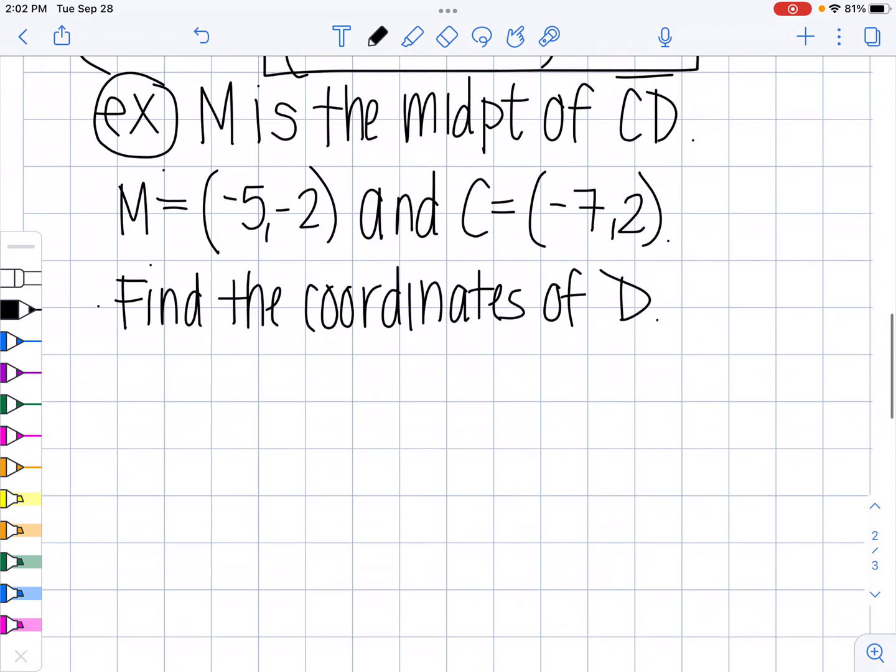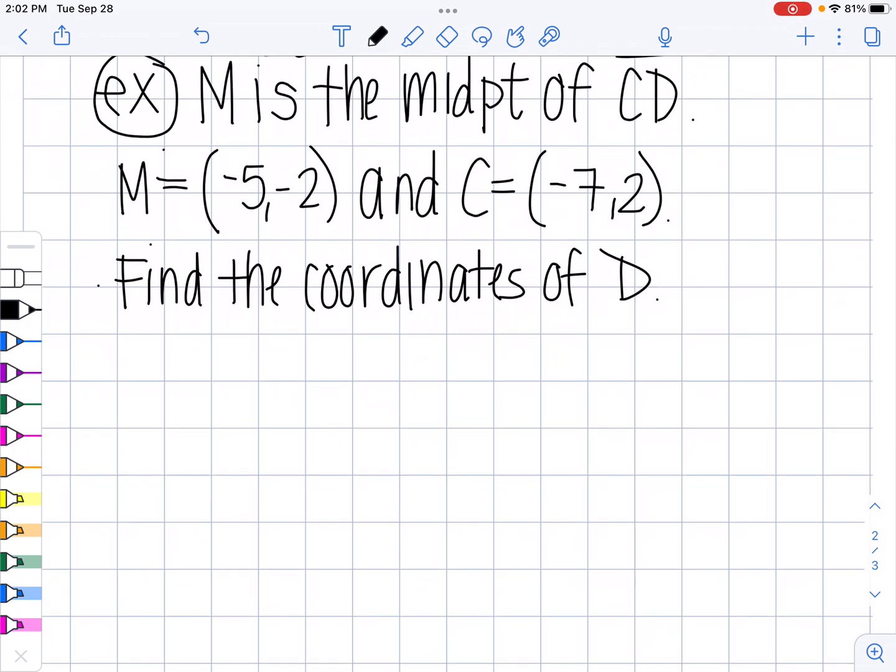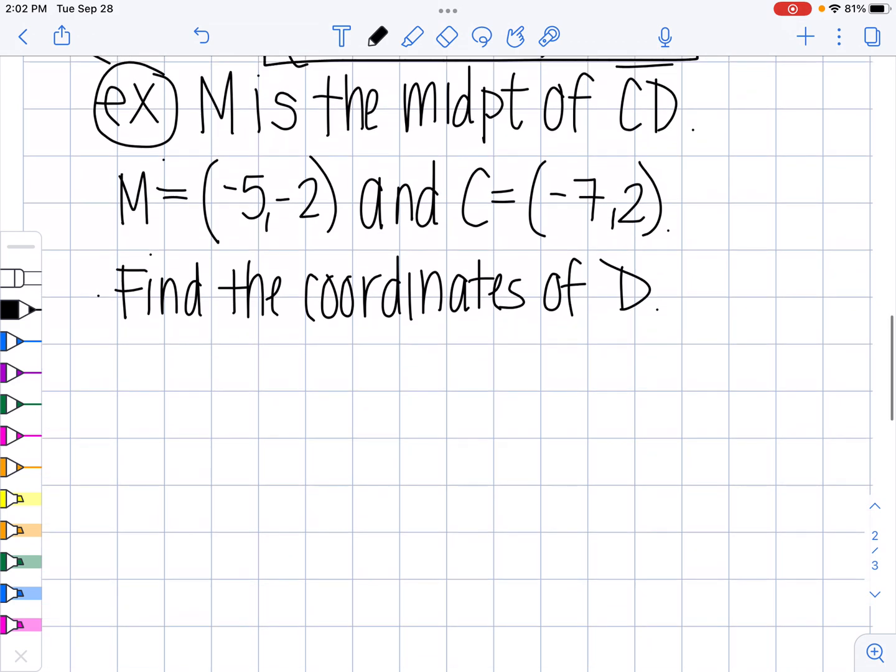Now this one I think is a little bit trickier, where M is the midpoint of line segment CD, and now I'm going to give you the midpoint. The midpoint is (-5, -2), and C is (-7, 2). C is one of the endpoints. Find the coordinates of D. So I have to find the other endpoint.